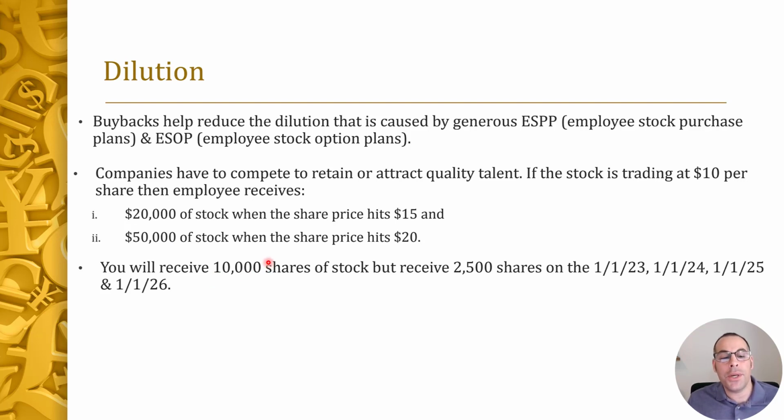Another way to give options is, say the company will give you 10,000 shares, but you only receive 2,500 on the first of each year, starting in 2023. So regardless of where the stock is trading, say it's trading at $2 a share, on the first day of 2023, you get 2,500 shares. At $2, that's $5,000.